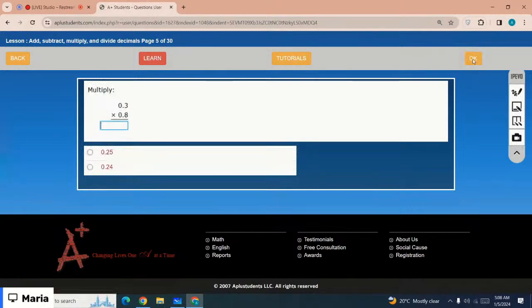The next one is 0.3 times 0.8. Which is the correct option?